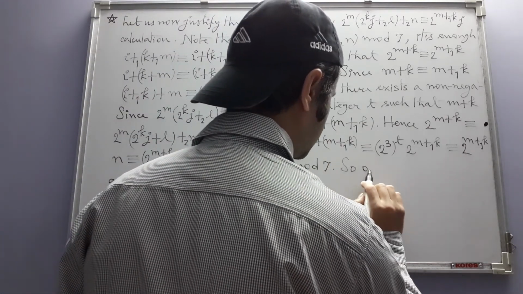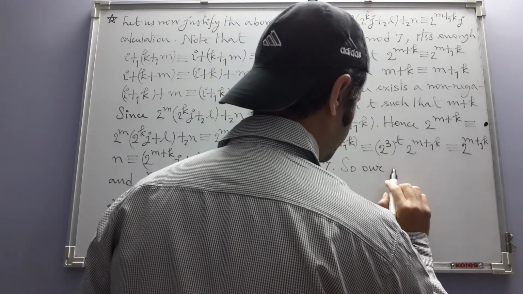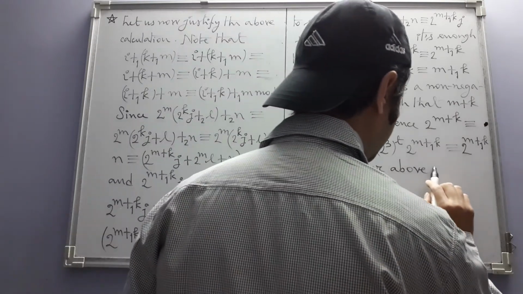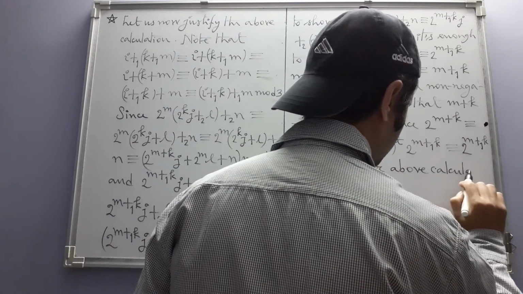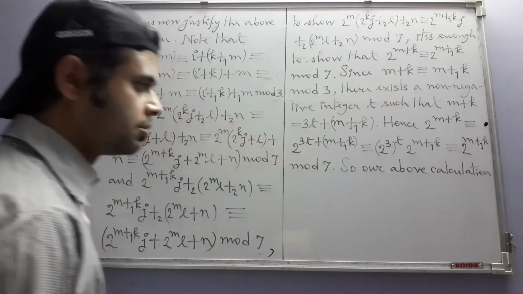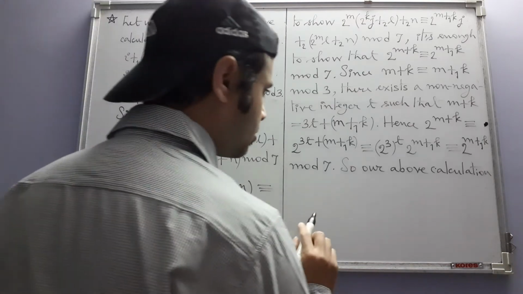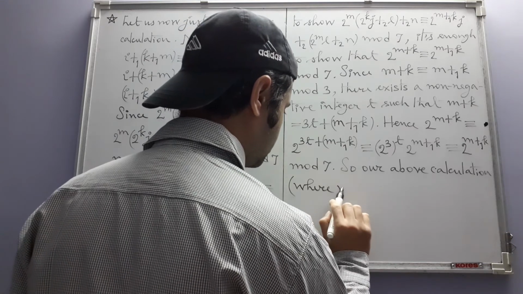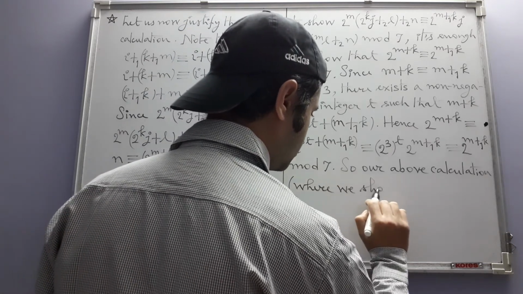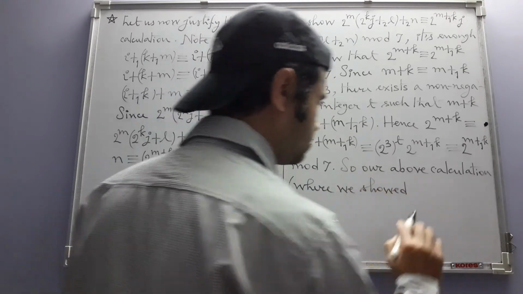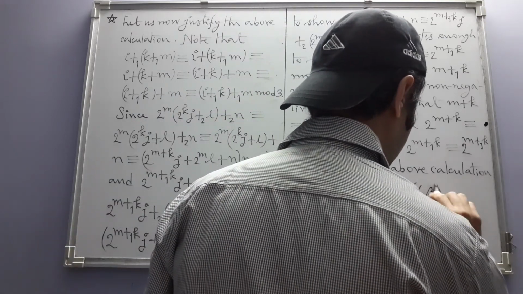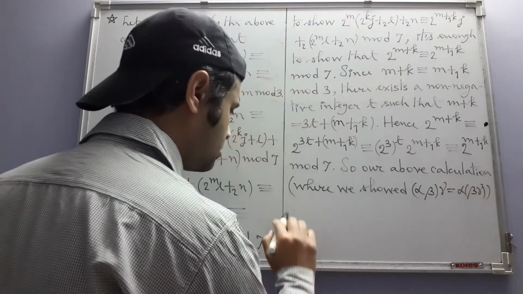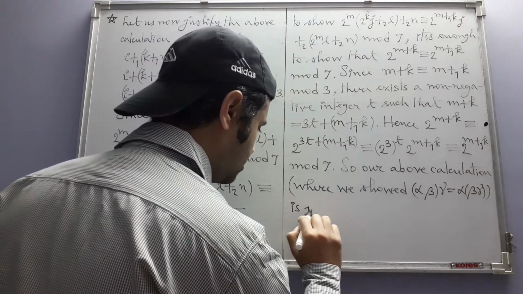So our above calculation, I don't know how to say this. Above calculation means the one where we showed that the operation is associative. Above calculation, in fact, let's mention that where we showed this is justified.